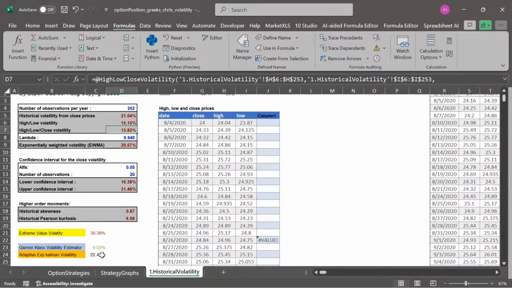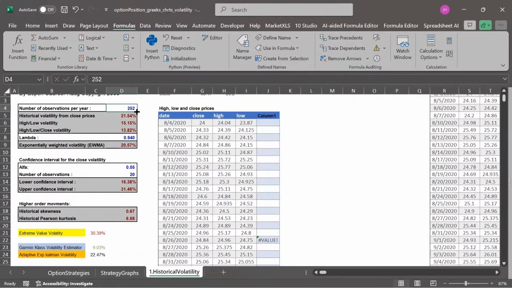And that's an adaptive exponential Kalman filter over the year. Kalman filters are a method which captures volatility and spikes. Exponentially weighted volatility is used for measuring VaR, as it captures the most recent price data more than the past.